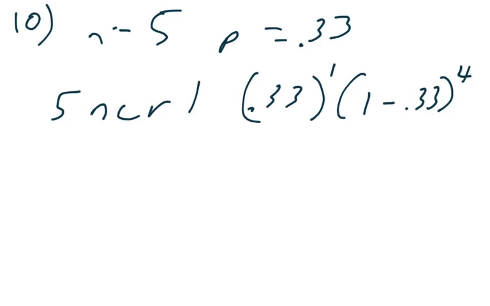So 5 NCR 1 times 0.33 to the first times 1 minus 0.33 to the fourth, and that gives us an answer of 0.332.